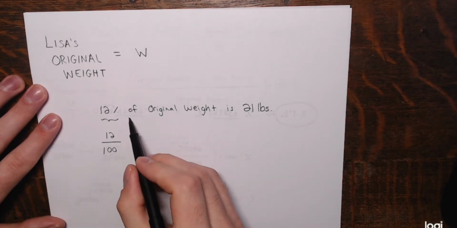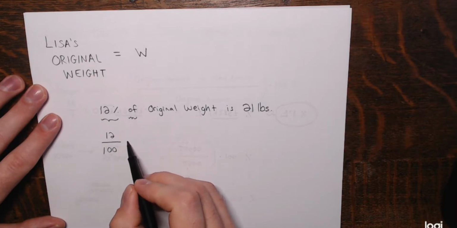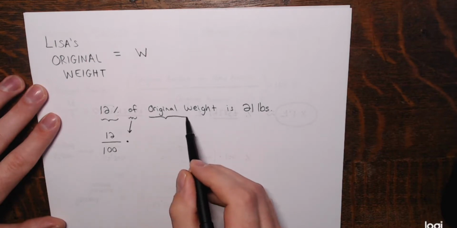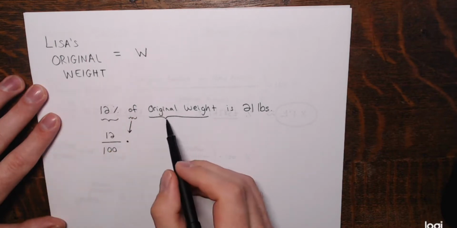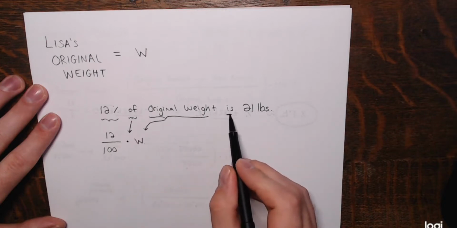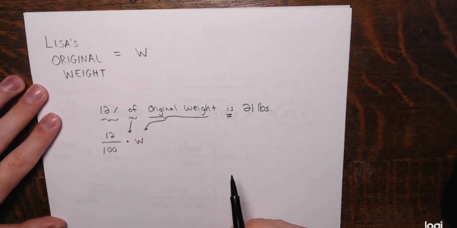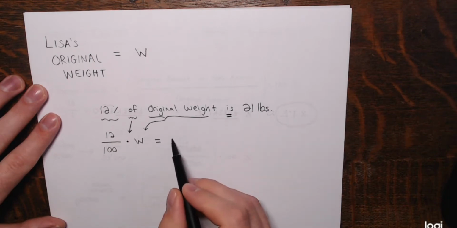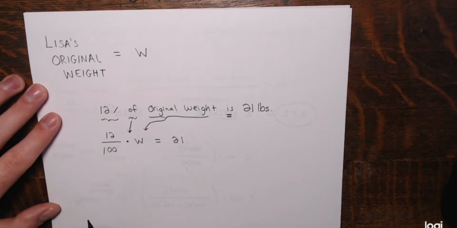Remember, of usually represents multiplication. So I've got a little dot here for times. And then Lisa's original weight, which I'm calling W. And then the verb is equals, and the other side is just the 21 pounds. Then I have a very simple equation.